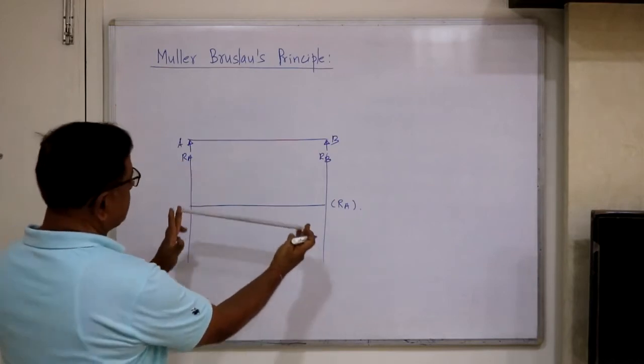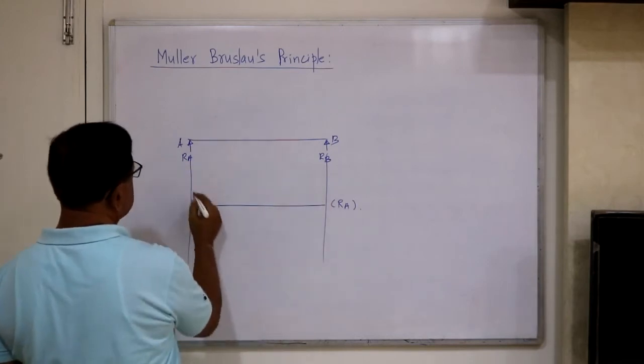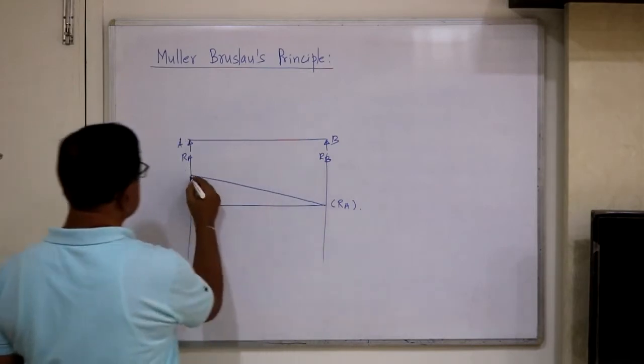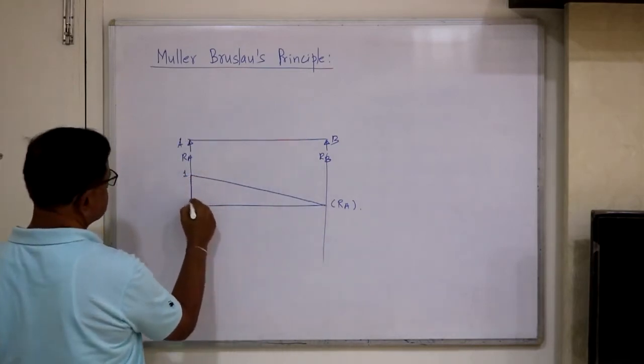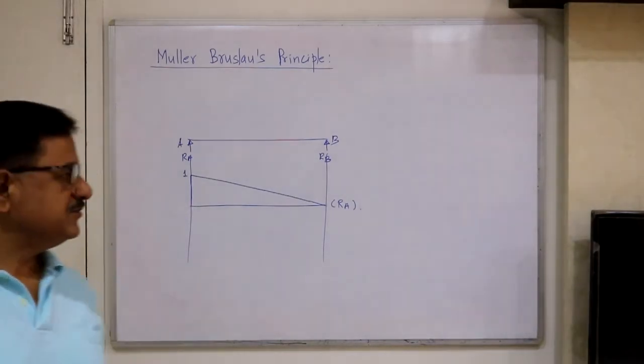So it becomes a triangle. If I lift at RA through unit displacement and plot the shape, this ordinate is 1, and this is nothing but the influence line diagram for RA.